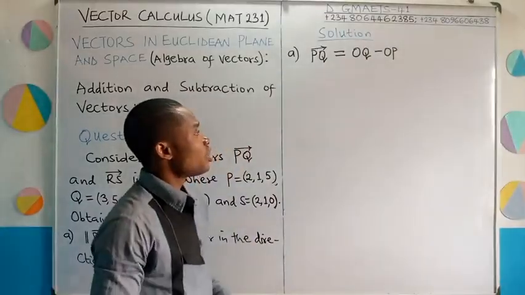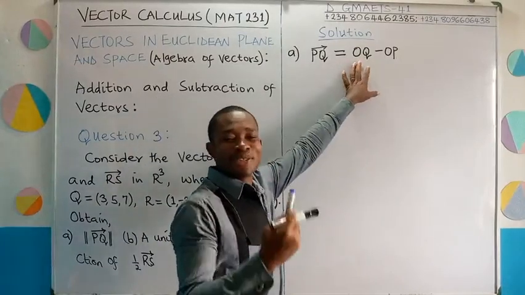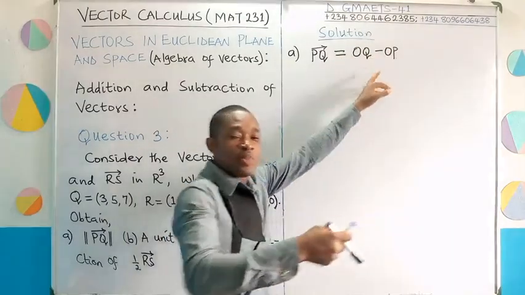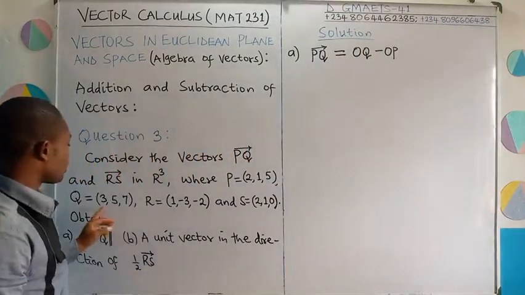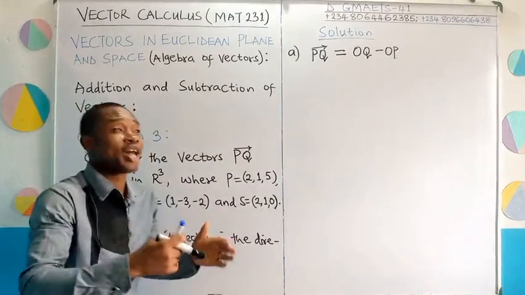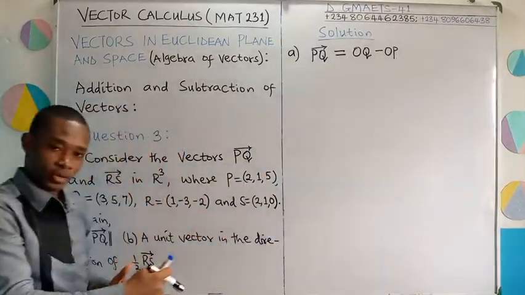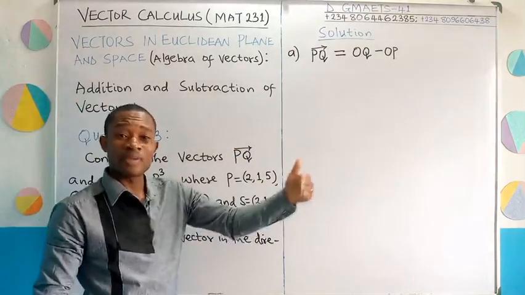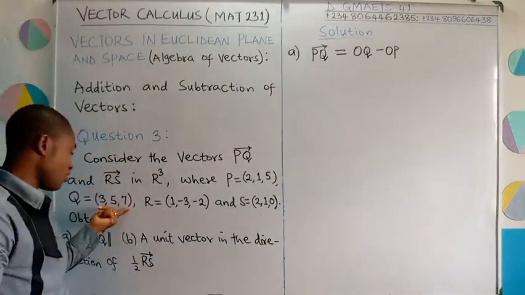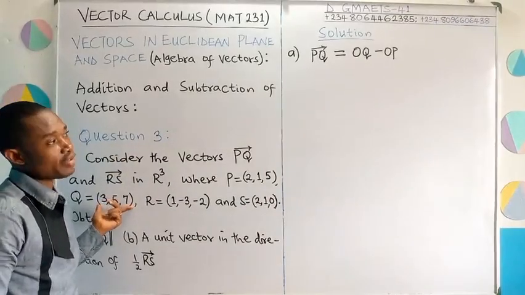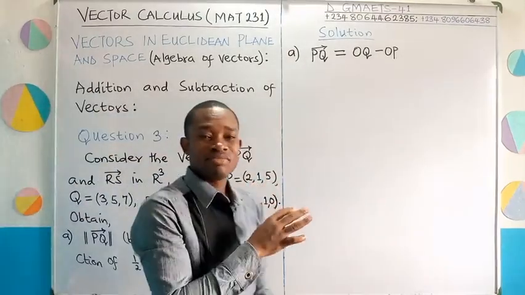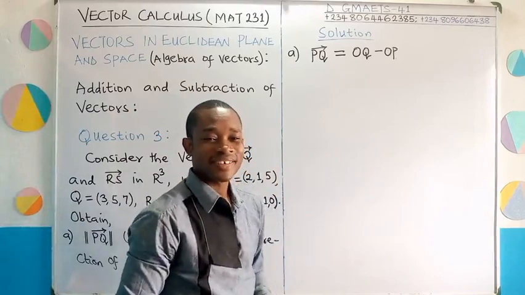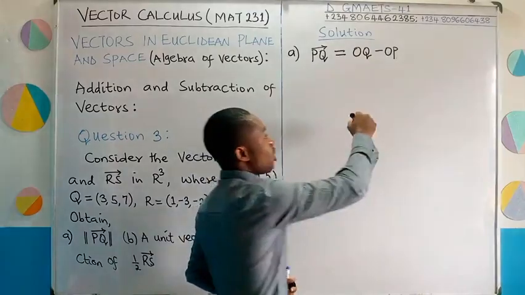But we don't usually introduce that concept of (0, 0, 0) and then linking it to point Q, which has been given to us as (3, 5, 7). Because even if we do that, OQ is like Q minus O. And Q, we have (3, 5, 7). O, (0, 0, 0). Even if you do that, it will still give you this value, (3, 5, 7). I just had to introduce this O concept for standard. In case you see that anywhere, it's still simply the same as Q minus P.